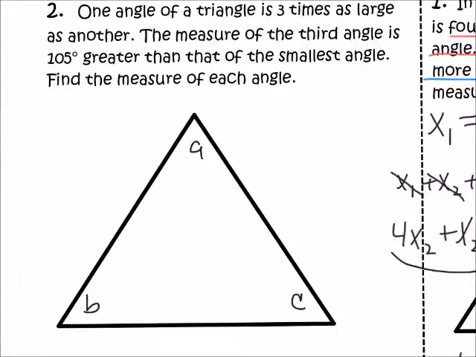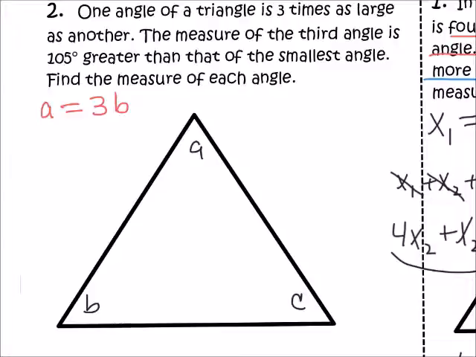It starts out that one angle of a triangle is, so we're going to start with A, is 3 times as large as another one of the angles, so I'm just going to use B, because it doesn't really matter which angle, it'll all work out in the end.